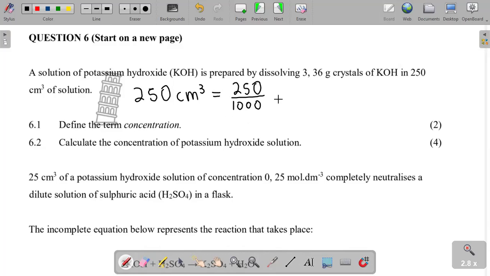When we divide by 1000, it changes to cubic decimeters. Okay, so this is how you change from cubic centimeter to cubic decimeter. You use your calculator here, it gives you 0.25 cubic decimeters.